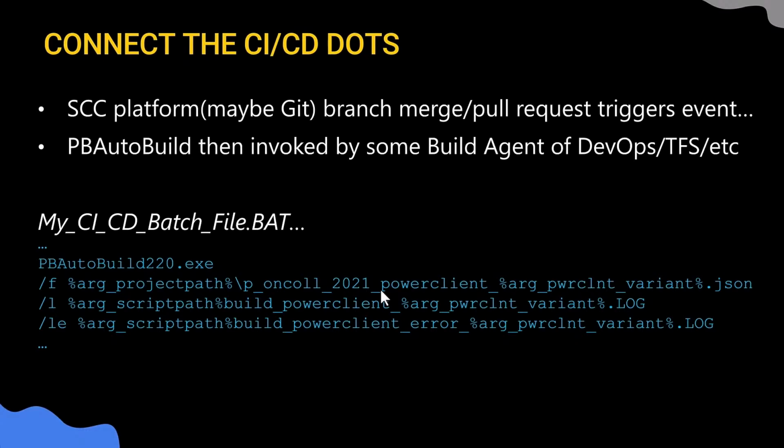And part of the batch file that you tell it to execute will be a line where you have PBAutoBuild 2022 invoked. And here are three of its command line arguments. For the JSON file, what is the payload? For the log of what happens, as well as the error log argument.